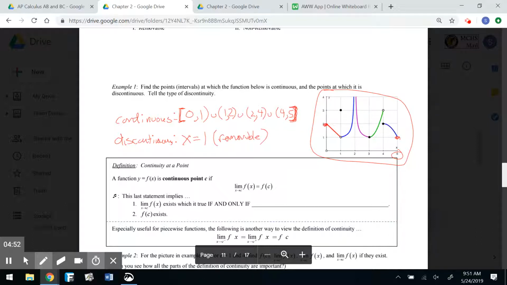At x equals 2, that's a discontinuity. X equals 2, remember, that's called an infinite discontinuity or a non-removable discontinuity. And then my last one is I have a discontinuity at 4. So we say x equals 4, and that again is a jump discontinuity, which we also call a non-removable discontinuity.